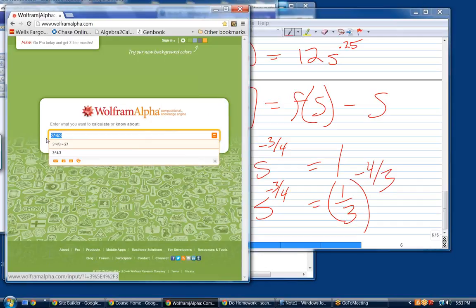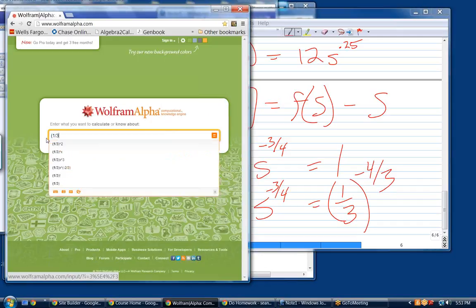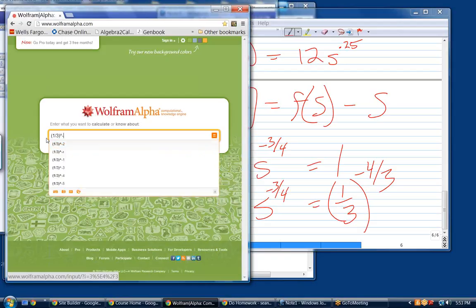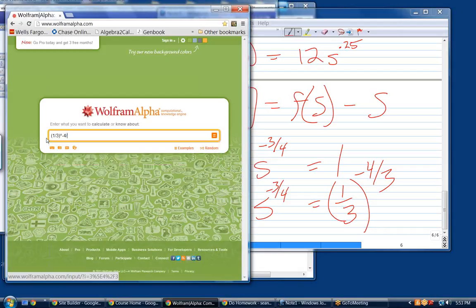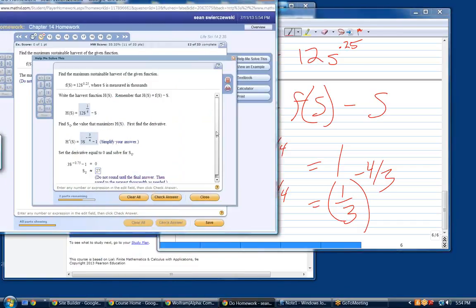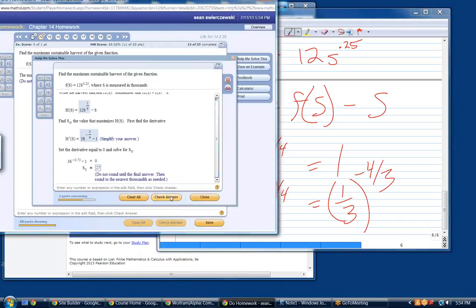That's the same as 1 divided by 3 raised to the negative 4/3. And that's 27. Why does it say approximately? I don't know.